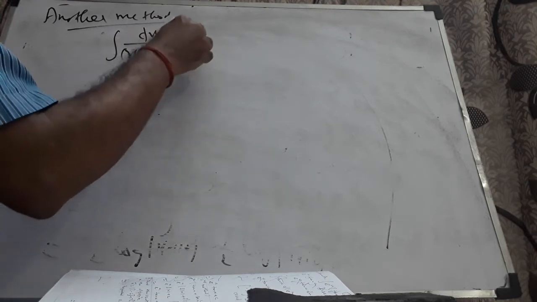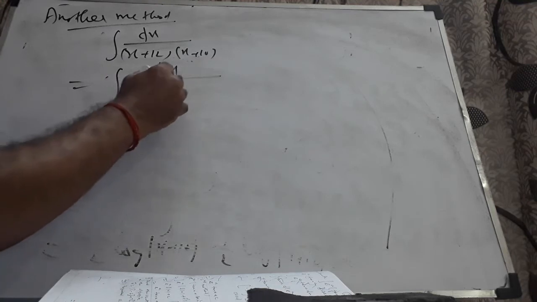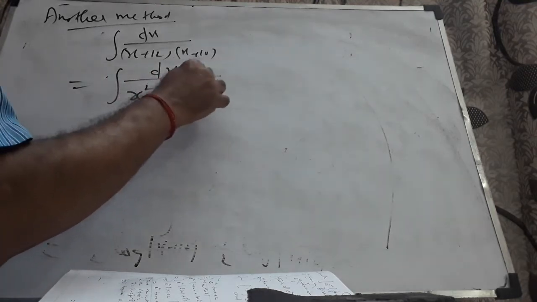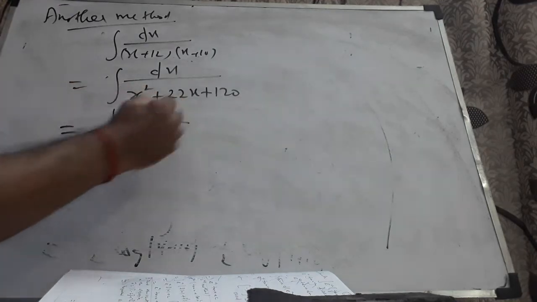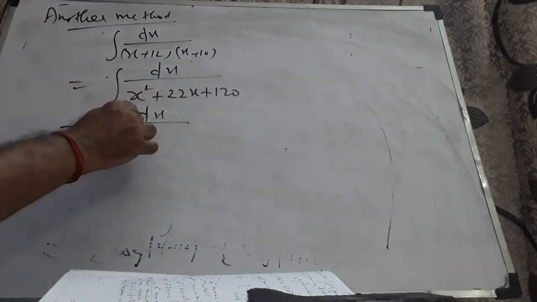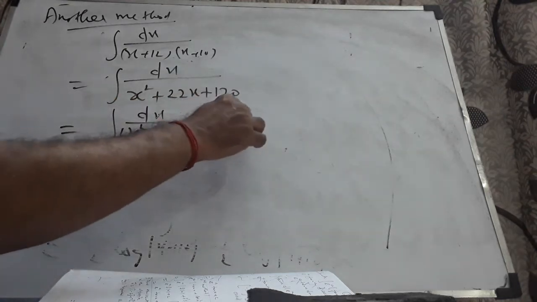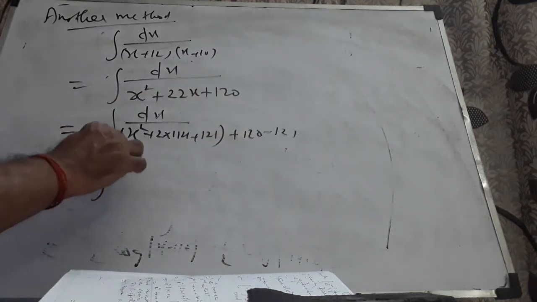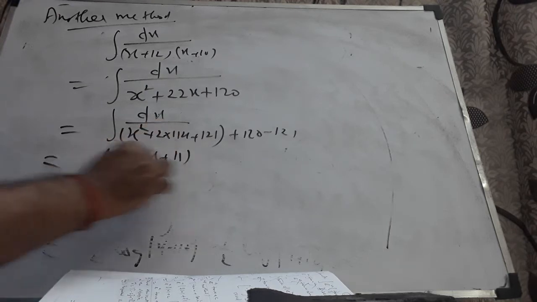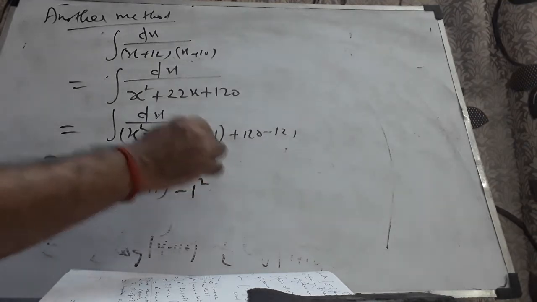Integral dx by (x plus 12) into (x plus 10), which is integral dx by x square plus 22x plus 120. Therefore, here I can make it a perfect square. x square plus 2 into 11x plus 121, plus 120 minus 121. Add 121 and subtract 121. Therefore, I can very well write this as d of (x plus 11) by (x plus 11) the whole square minus 1 square.